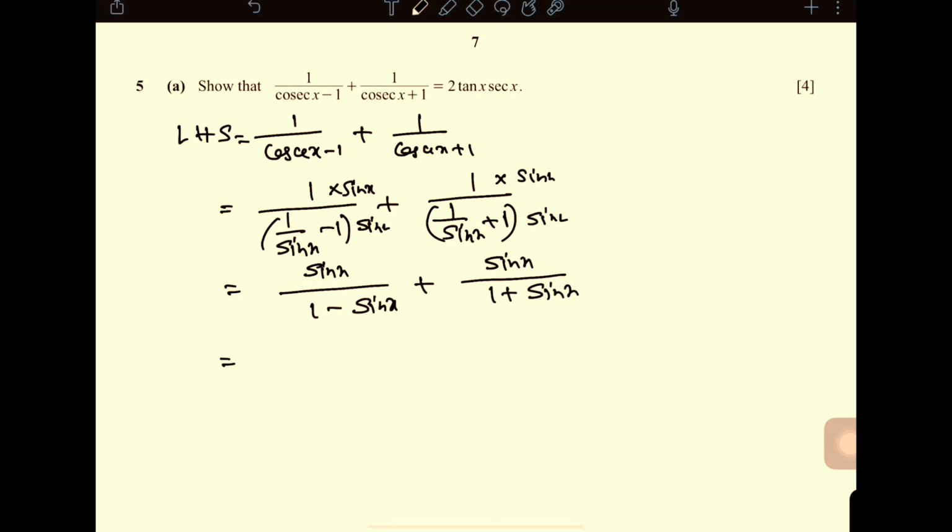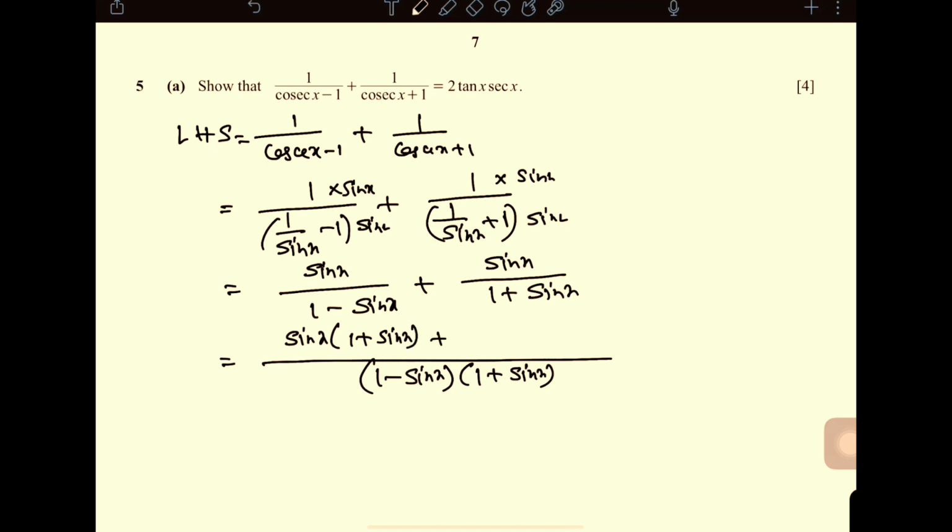Let us do LCM. 1 minus sin x, 1 plus sin x, we can write it as sin x into 1 plus sin x plus sin x into 1 minus sin x.